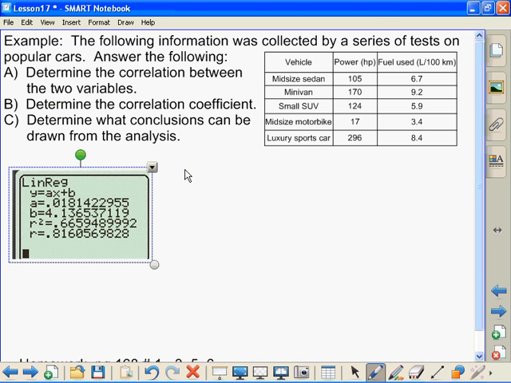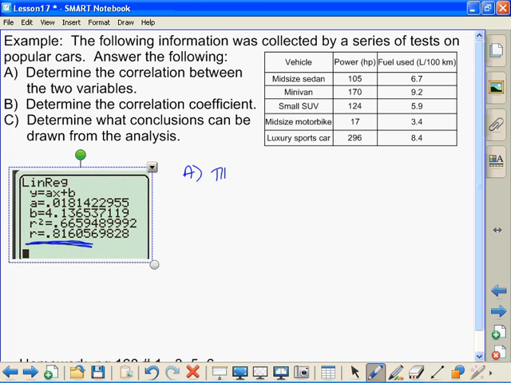So A part. Okay, determine the correlation between the two variables. Okay, well, correlation, it's 0.8166 or 0.82. So I'm going to say that that's a fairly strong relationship.